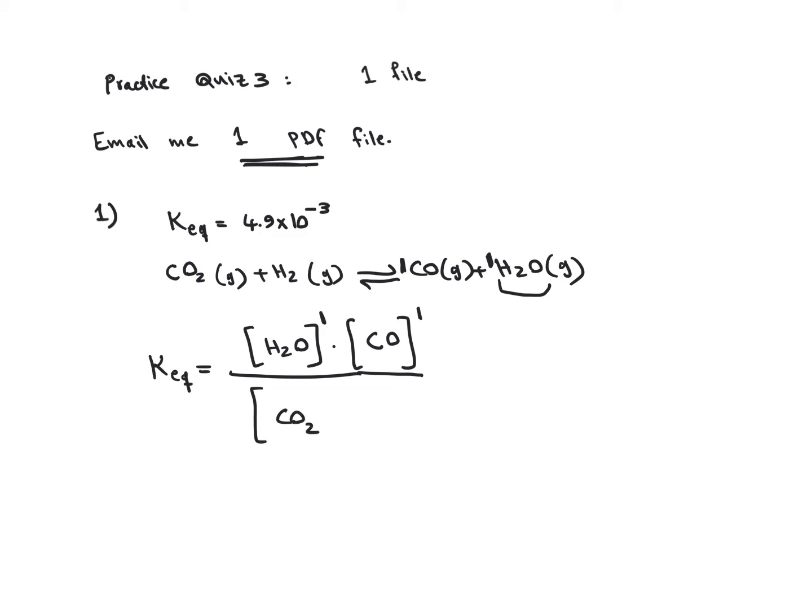Now in the denominator, we write the reactants. The power of 1 multiplied by the concentration of H2 to the power of 1 equals. Now we just substitute what we are given.